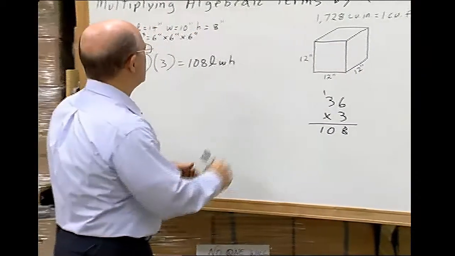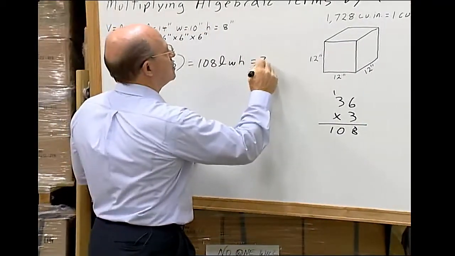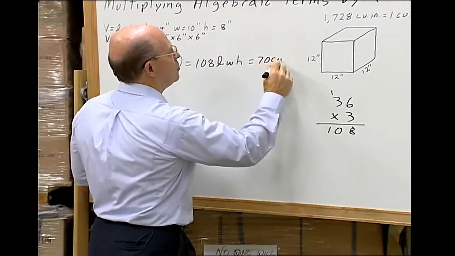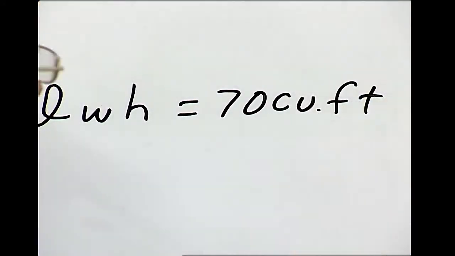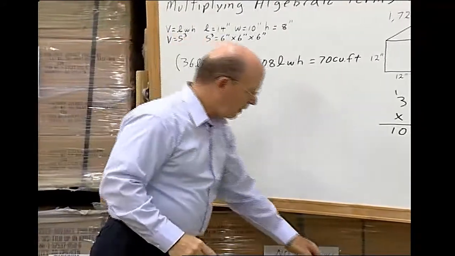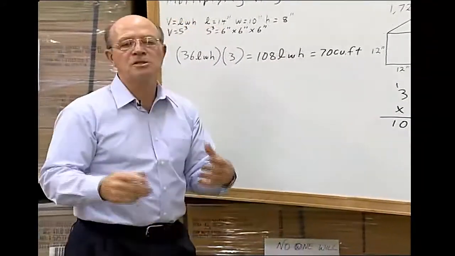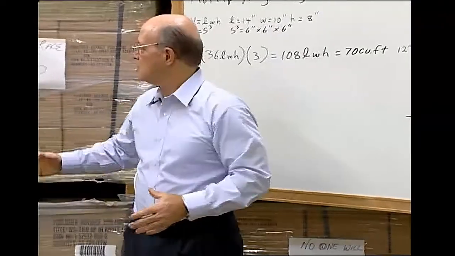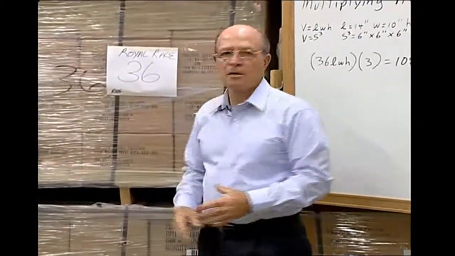So this equals 70 cubic feet. Now let's do this individually. What is the volume of 36 of these boxes on this pallet?